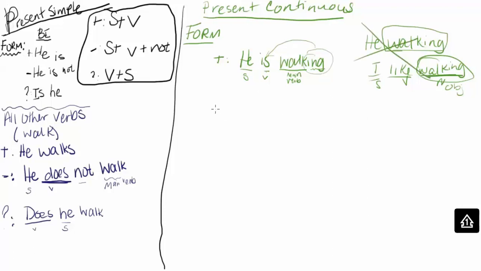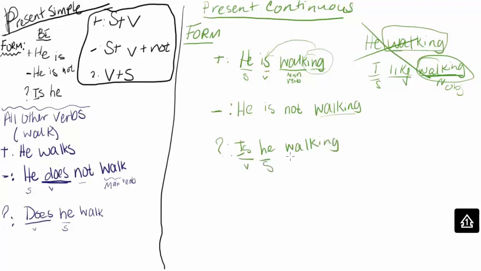All right, so then the negative follows the same grammar math right here: subject, verb, not. So he is not, and then all I do is add on that ing form. And my question, same thing over here with the verb plus subject: is he walking? I have to have a verb, subject, and then my ing form added on to it.